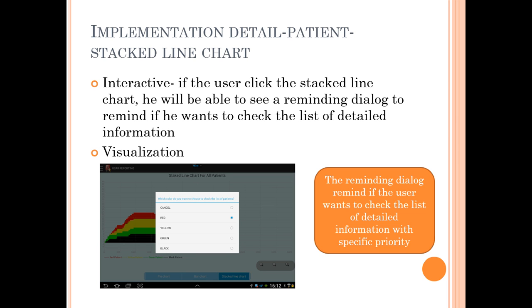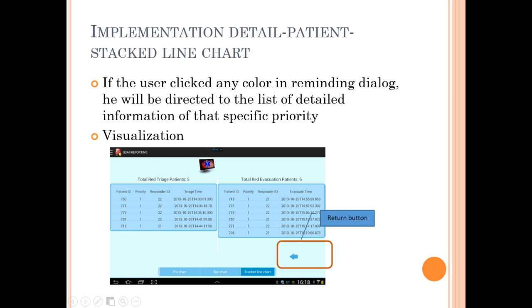Also, if the user clicks the stacked line chart, he will be able to see a remaining dialog to remind if the user wants to check the list of the detailed information. For example, if the user wants to check the patients with the red priority, he can click red, and then the detailed information for the patients with the red priority will show up.